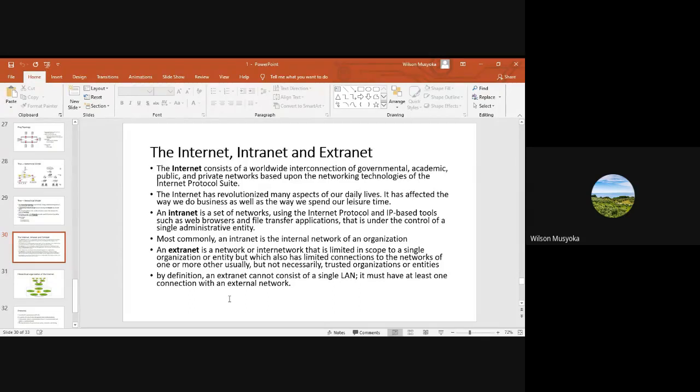Like Naivas supermarket, for example, and you have another organization like Mumias Sugar Company. Both of them have private networks. These private networks have systems which can be accessed. We are looking at a system like an ERP used by Naivas Supermarket. Maybe Naivas Supermarket has allowed Mumias Sugar Company to access its network, its inventory, its ERP over the network to check.